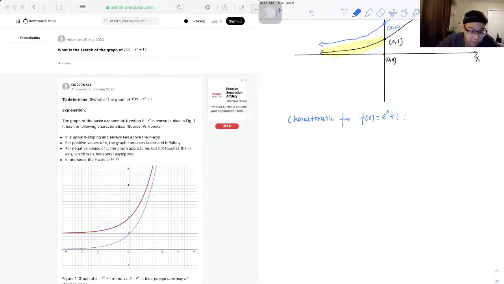Okay, so the first one, it is still upward sloping. Upward slopes. And still always lies above the axis.